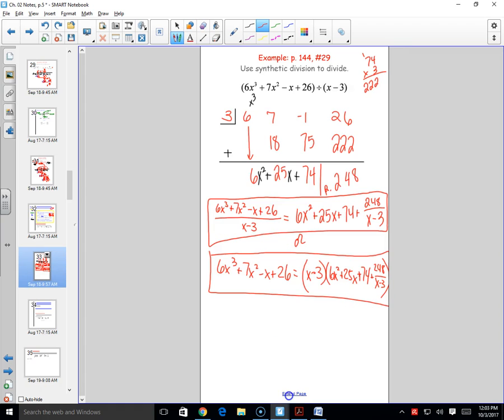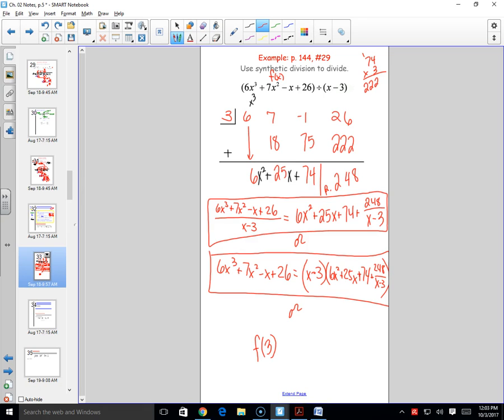Now there is one last statement we can say. I want you guys to go ahead and grab your calculator out. It's okay. Unless you're really good at mental math and you can take your time and do mental math. Can you plug 3 into the original function, meaning into this guy? Into 6x cubed plus 7x squared minus x plus 26.